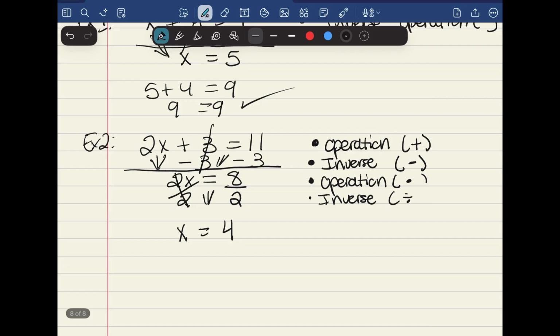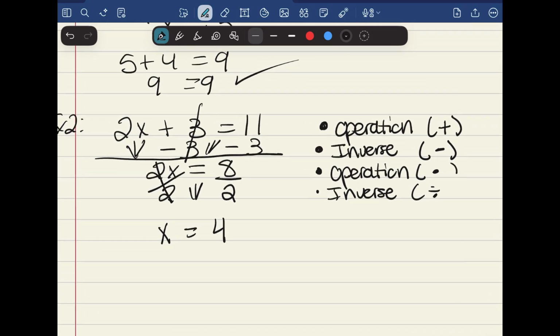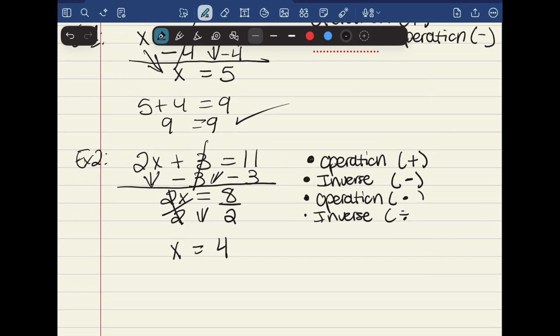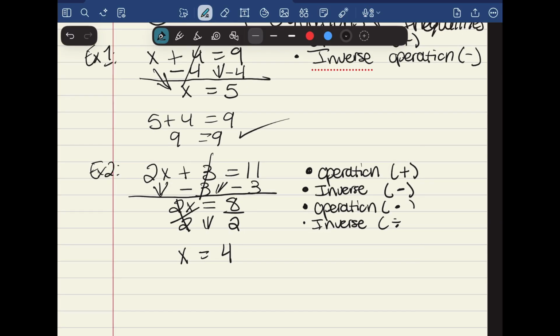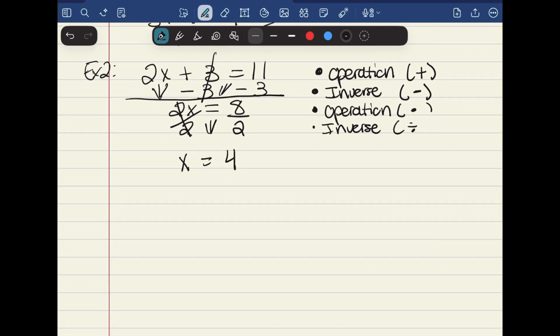Now, I'm going to show you how to plug this in, and this will be the last time I show you how to plug it in from there. Now, if you need help with that going forward, please come back to this part. So again, wherever you see x is now going to be 4. So 2 times, remember, 2x equals 2 times x.